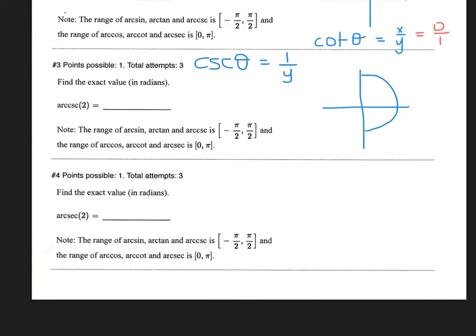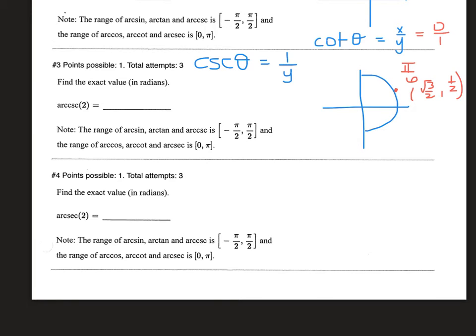We want 1 over the y-coordinate to be a 2 to get the angle measure that has arc cosecant of 2, or that has cosecant of 2. Positive, so we know that it's going to be in that first quadrant. Well, if we look at the angle measure of pi over 6, that has coordinates of square root 3 over 2, 1/2.